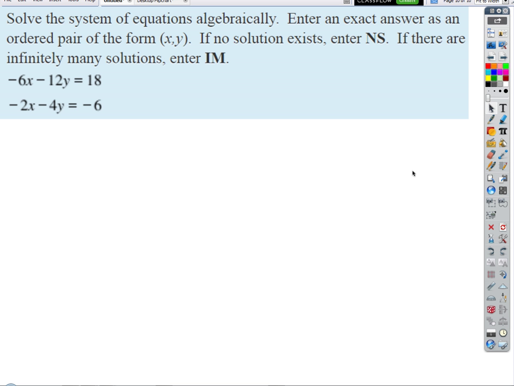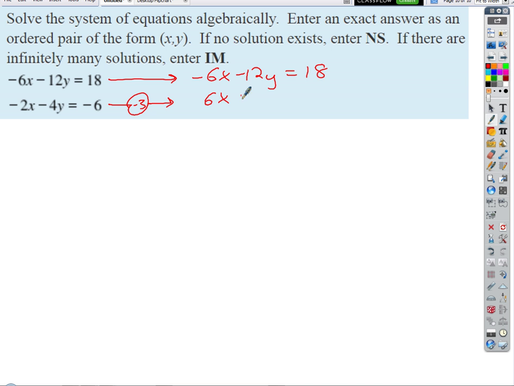By 3 or by negative 3, right? I'm going to make it negative 3. They both work. I'd have to subtract if I multiply by 3. I prefer adding. So we'll leave the top one alone. Bottom one will multiply by negative 3. And that's going to give us on the top, same thing we started with, negative 6x minus 12y equals 18 on the bottom. Multiplying by negative 3 gives me what?